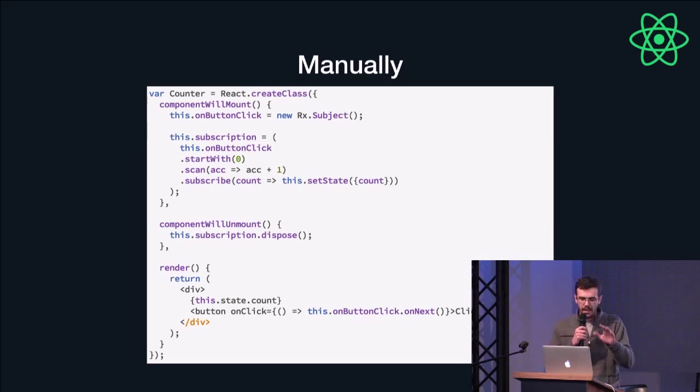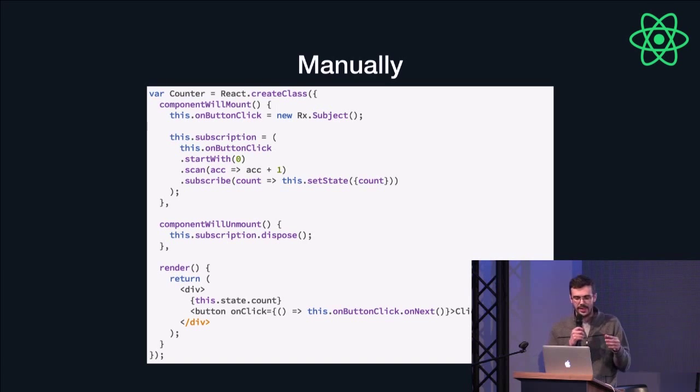So here's the idea: bind the value pushed by the same observable sequence we created earlier to the state of our component. We apply the startWith operator on the onButtonClick observable. We apply the scan operator on the result. Then when we subscribe, instead of rendering our component directly, we just set the state of our component.